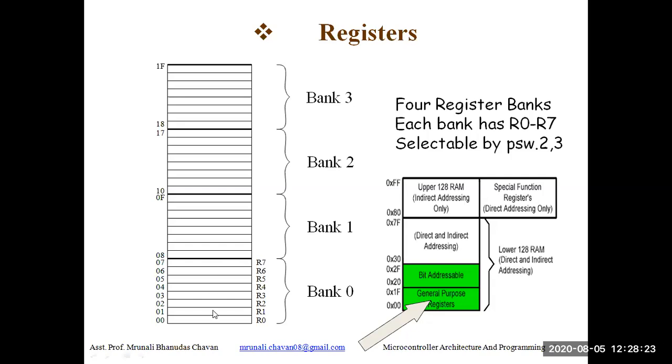Each bank is made up of 8 registers named R0, R1, R2, R3, R4, R5, R6, and R7. These 8 registers are from bank 0. Likewise, each bank is made up of 8 registers, and in total 4 by 8 means 32 bytes are working registers from addresses 00 to 1FH.